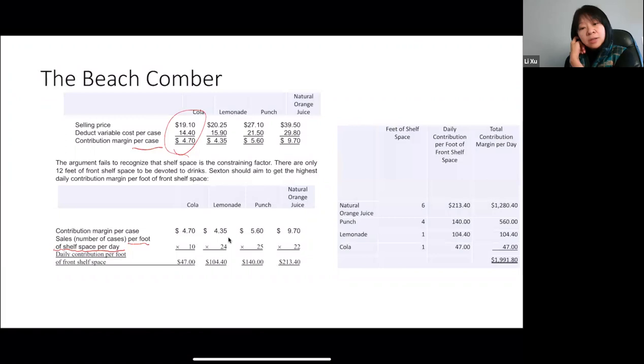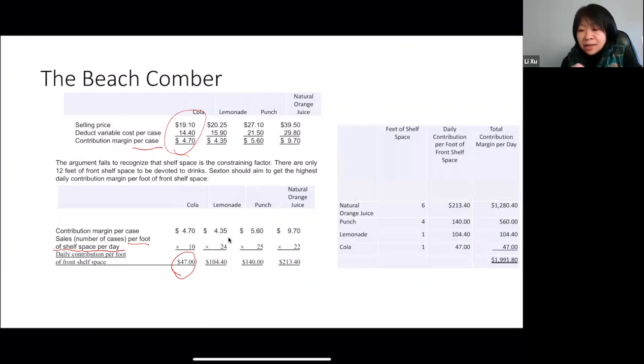Here, for Coke, you can sell 10 units. Every unit you sell, you have a contribution margin of $4.70. So for 1 unit of constrained resources, you actually have a contribution of $47, okay? So we do this for every single drink. And therefore, for 1 unit of constrained resources, we have a contribution margin for each product.